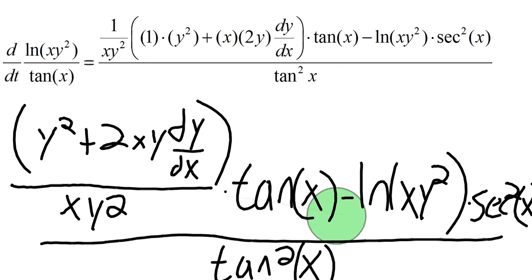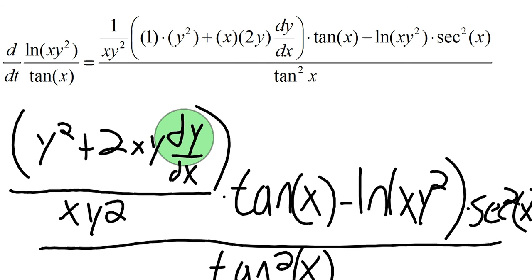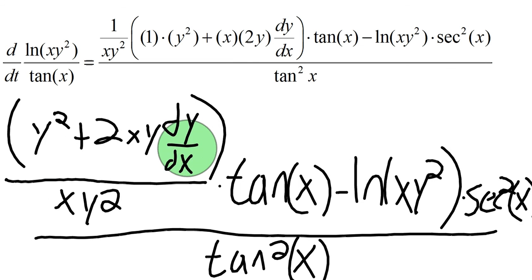Okay, so here's kind of the semi-simplified version of this up here, and this kind of leads us to something that I want to talk about coming up, which is how we can get dy dx by itself once we take the derivative of something. It's pretty interesting, and it occurs when you have an equation, of course. Right now we're just taking the derivatives of expressions. So that's just about as hard as it's going to get for the sake of this class.